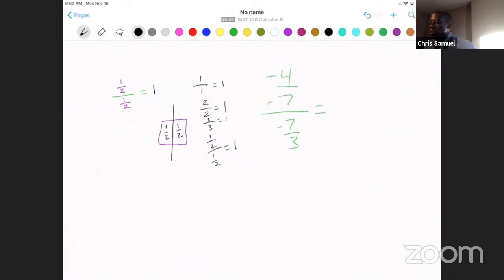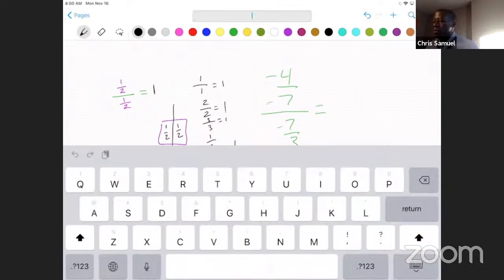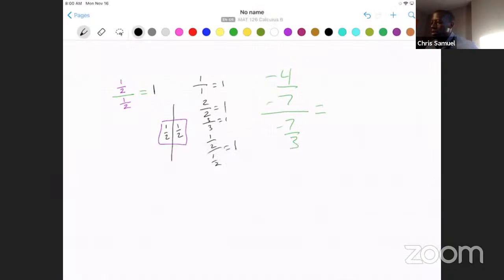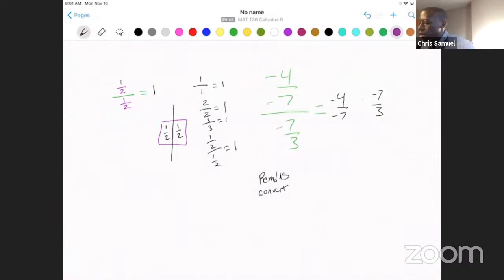We're going to use our appendix. We're going to convert this to 10, and then we're going to multiply. Oh no, we're going to do the reciprocal. So we'll get that.